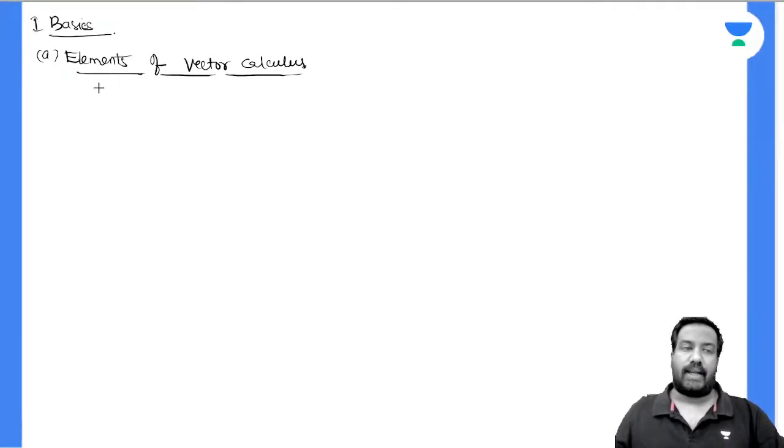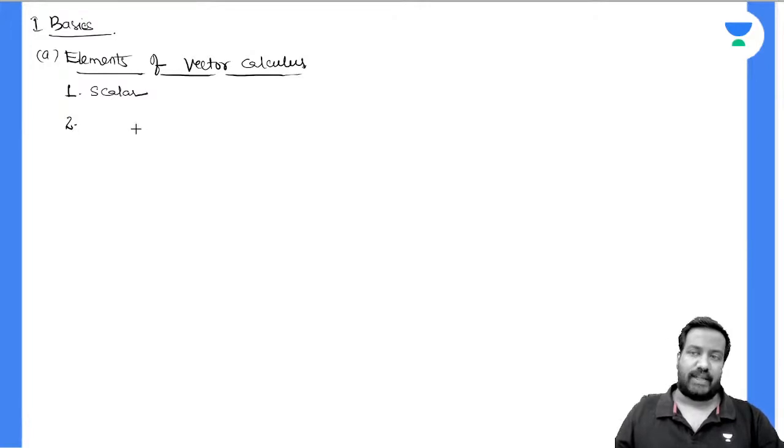In elements of vector calculus, we discuss concepts like scalar. What is a scalar, dear? A scalar is a quantity which has only magnitude, no direction. It's called a scalar quantity. Examples: distance and time, voltage and current. Most people feel that current is a vector, but it is not. Current is a scalar.